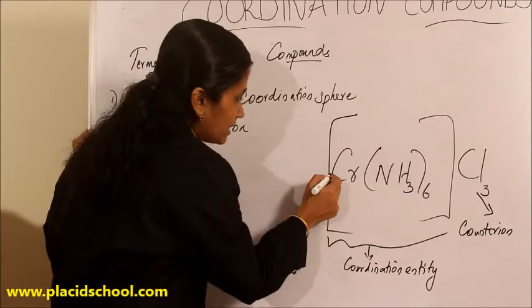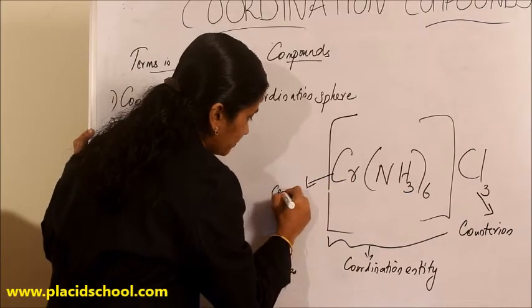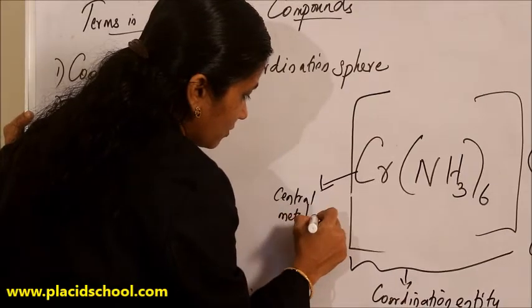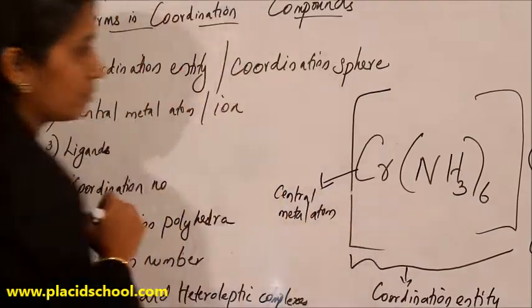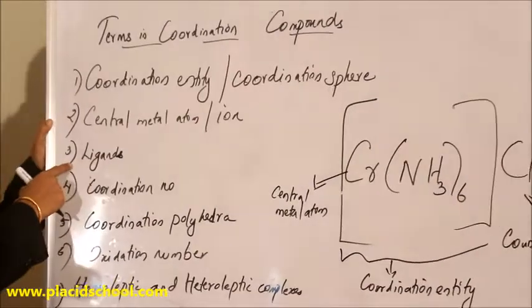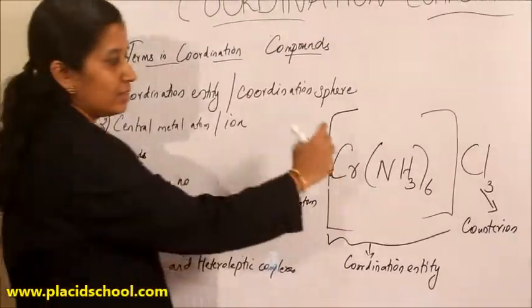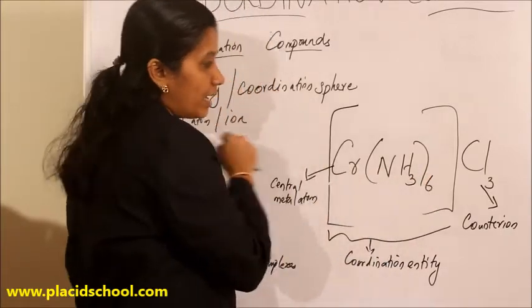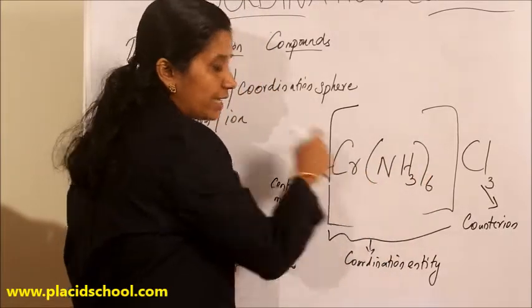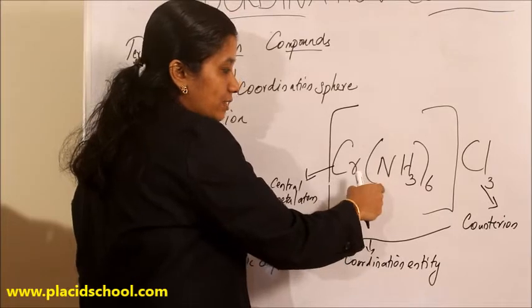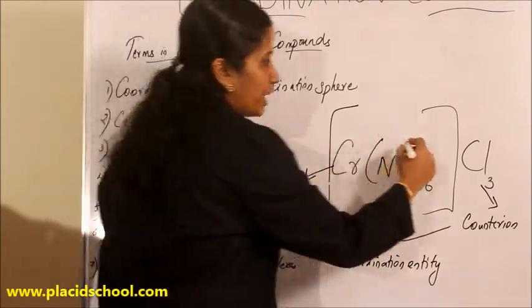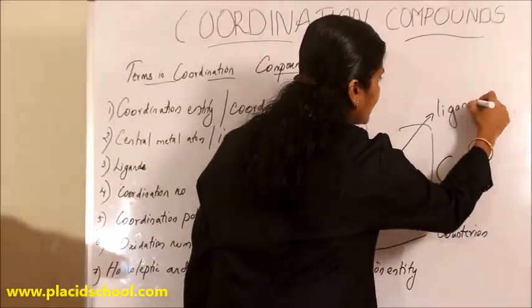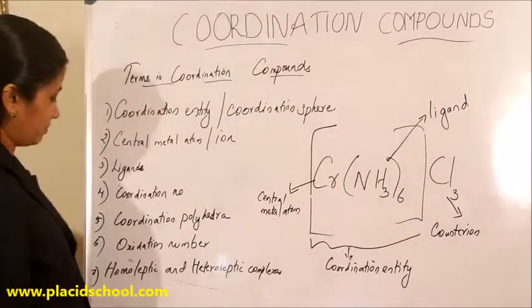Here the central metal atom is chromium. The third one is ligand. To the central metal atom, some species are attached, and those species are called ligands. Here 6 NH3 groups are attached to this chromium, and this NH3 is the ligand.